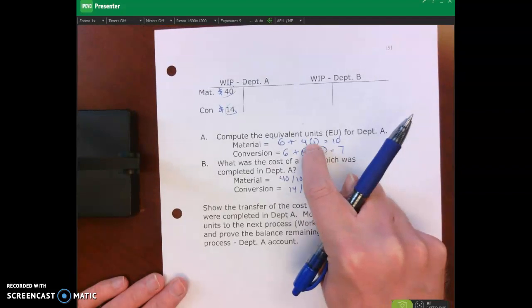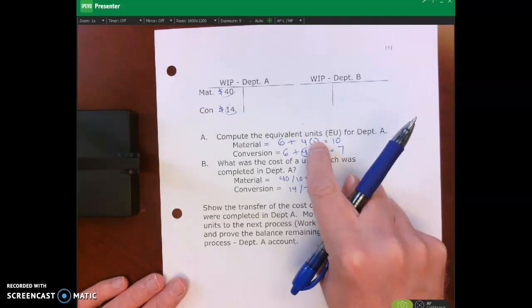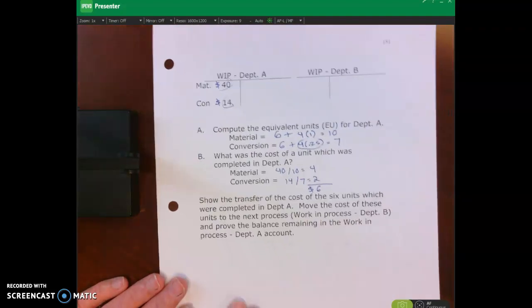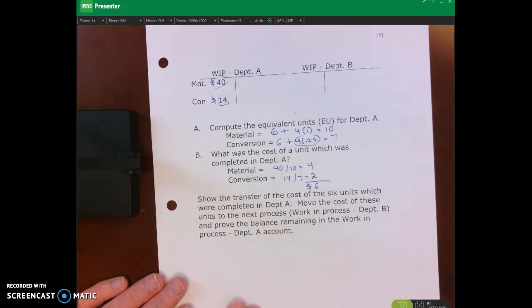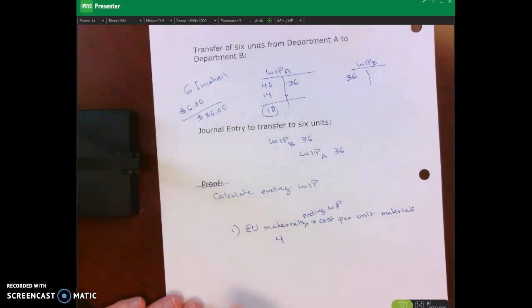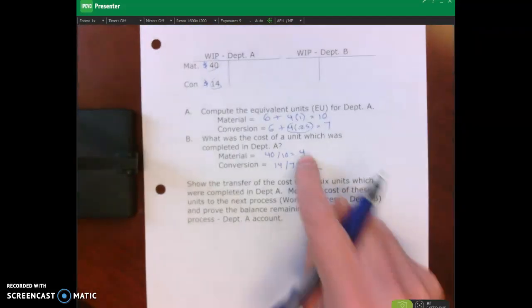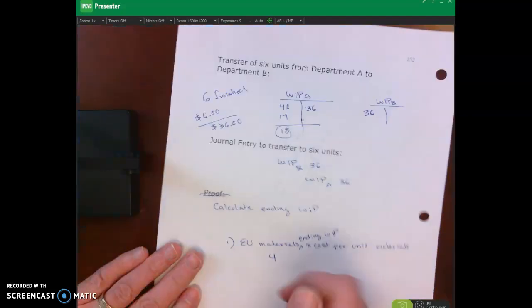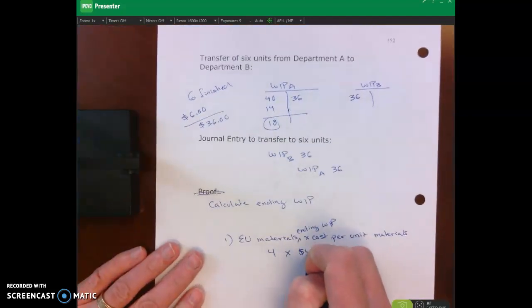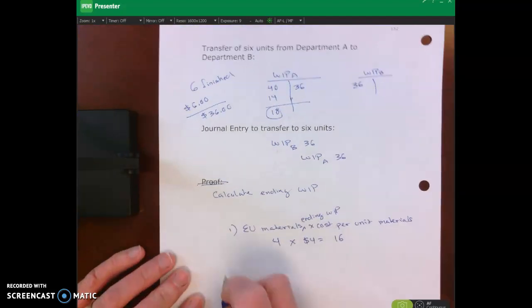I have in ending WIP, I have 4. Remember, I have 4 units in ending WIP, but they are 100% complete with respect to materials. That means I have 4 equivalent full units in ending WIP with respect to materials. So 4. And then I look over here. Here's my cost per unit. It's 4 times my cost per unit of 4 gives me 16.